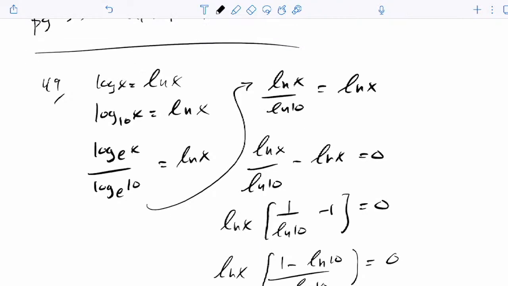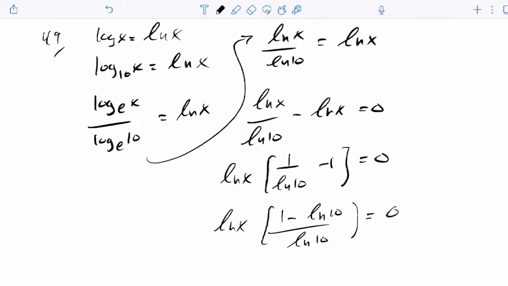Maybe you don't have to do that. Maybe there's a simpler way with this one. Yeah, the only way this is going to be 0 is if the ln of x is 0, which means that log base e of x is 0, so e to the 0. So the answer to this is just 1.